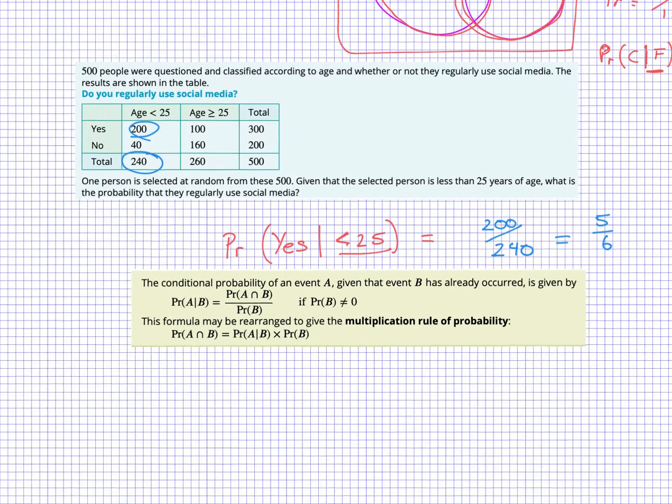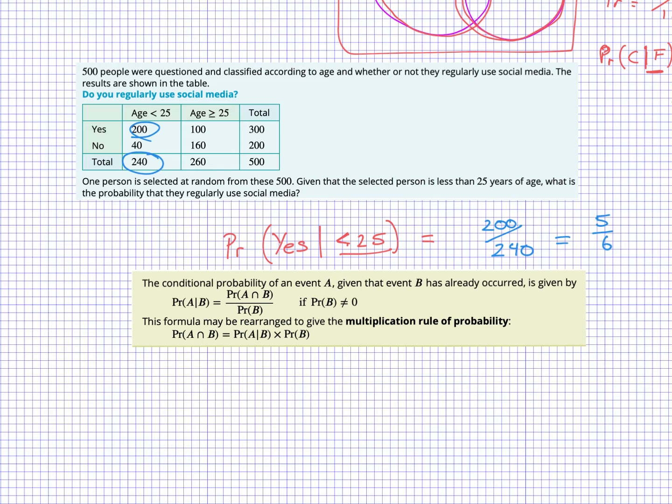Let's move back up to the previous question and have a look. Remember this is a Karnaugh map. A intersection B was this one, so our fraction here was 200 out of 500, because we're looking at the probability of that subset divided by the probability of B, and the chance of B is this one here, 240 out of 500.